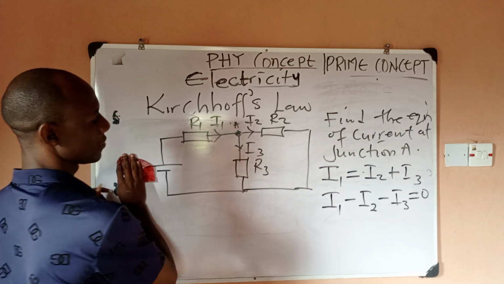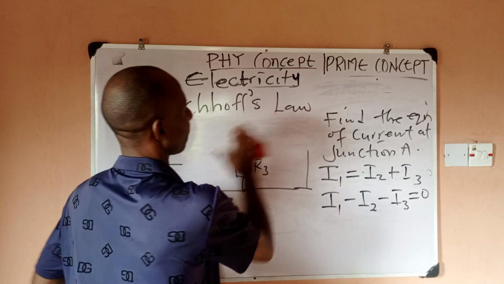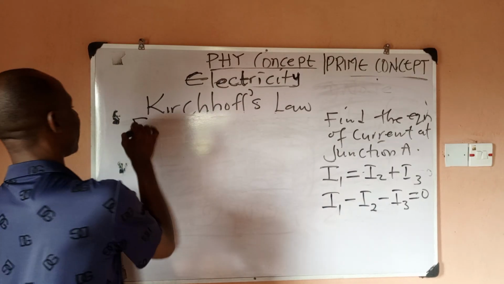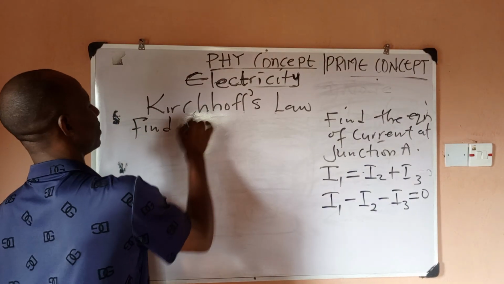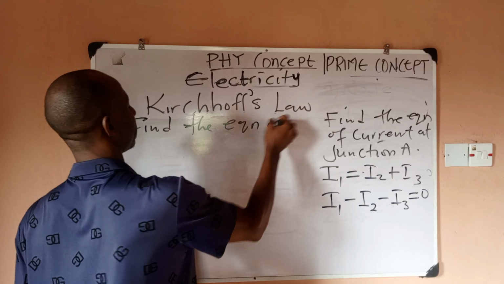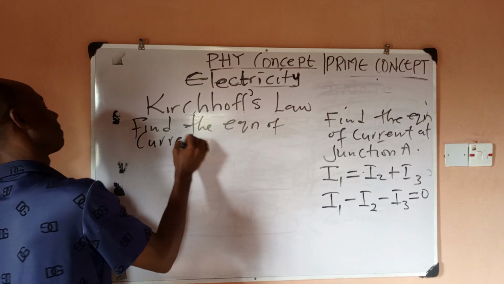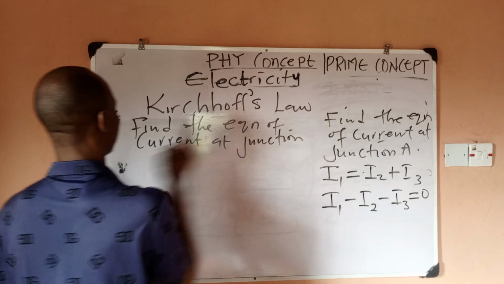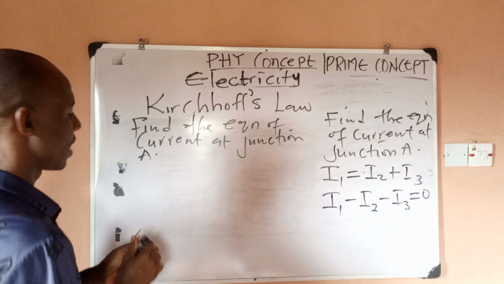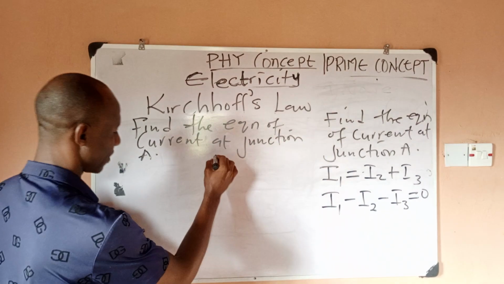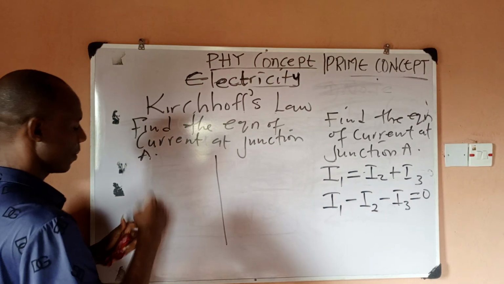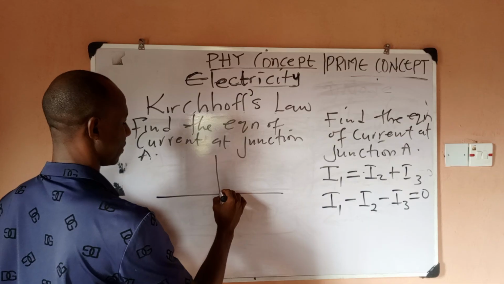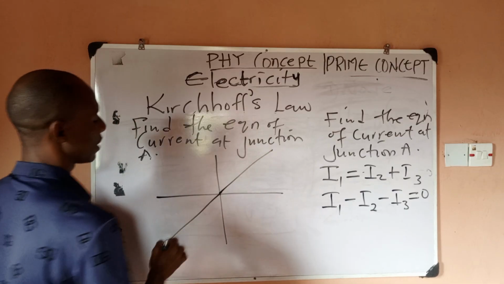Now say we have this. Find the equation of current at junction A. Now say we have this diagram. We have this, we have this, we have this.